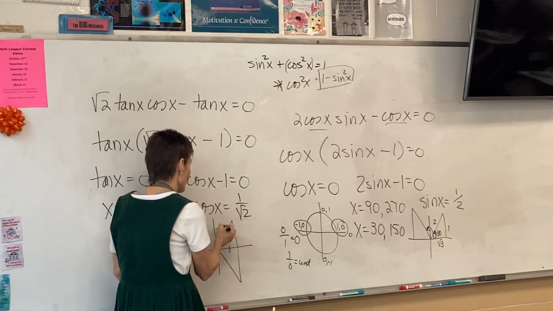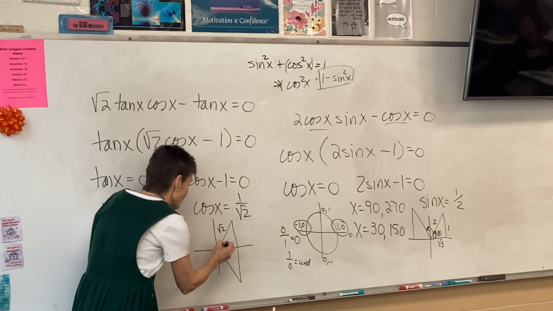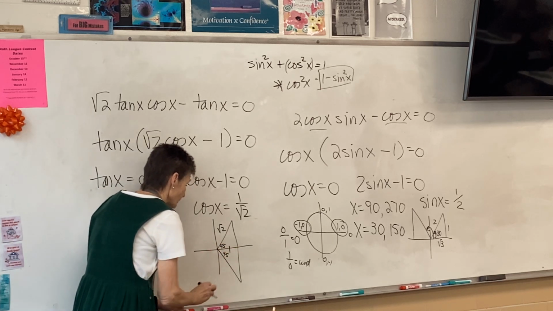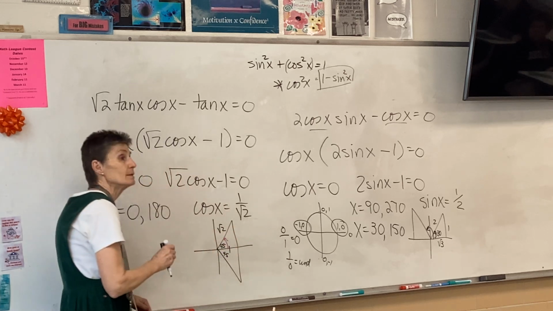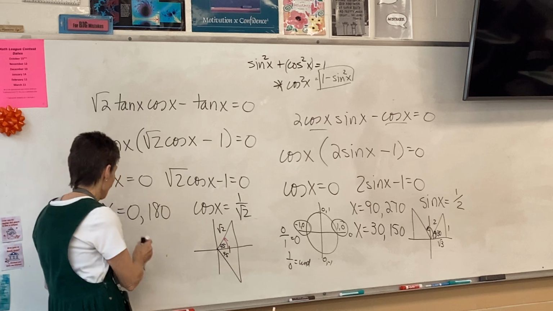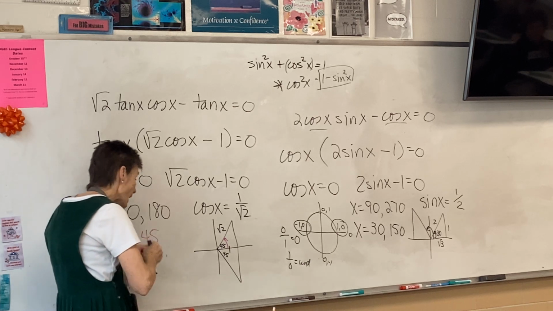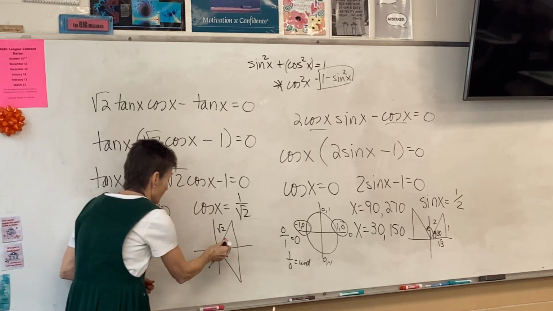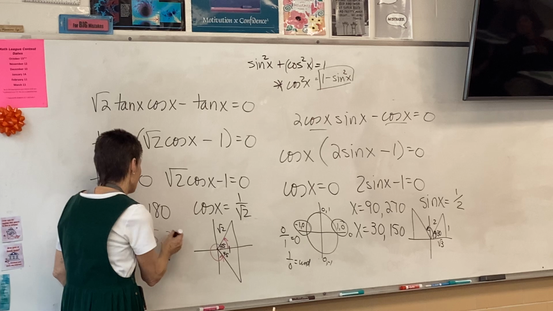Now you've got a root 2, 45. So your angle is 45. So pink is 45. But what will red be? 315.